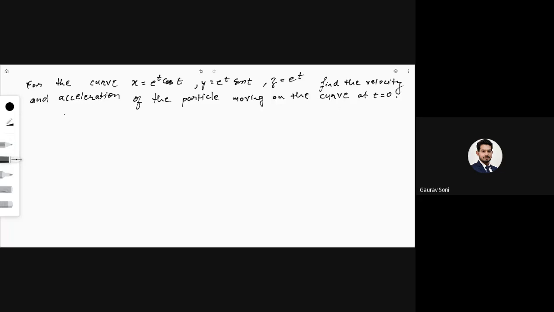So what is our r bar? It is equal to x i plus y j plus z k. So you can put the value of x: e to the power t cos t i plus e to the power t sin t j plus e to the power t k.